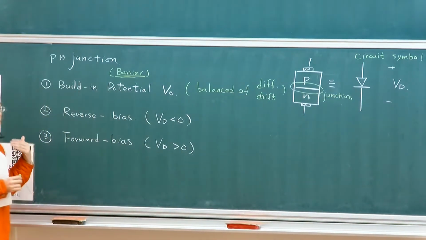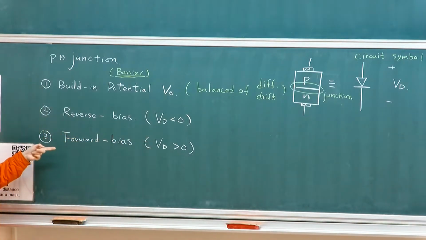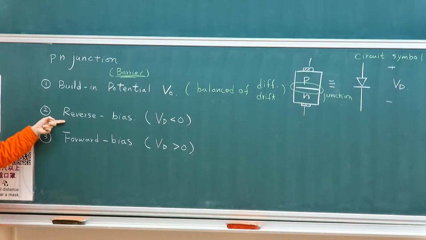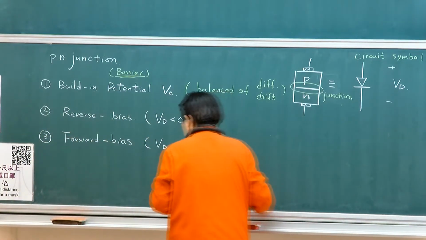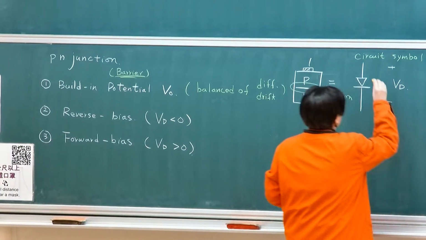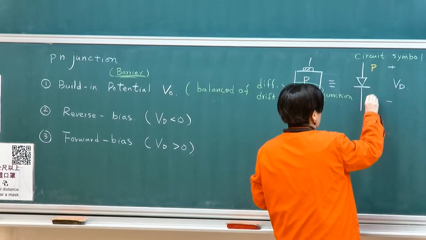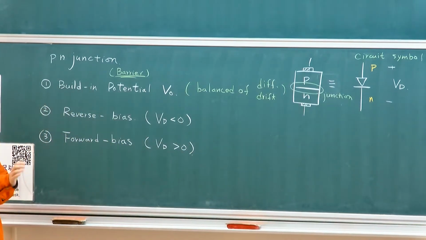You either add positive bias or negative bias. If VD is positive, we call it forward bias. If VD is negative, it's generally referred to as reverse bias. This is the P side; you always start with the P side. This is the N side.